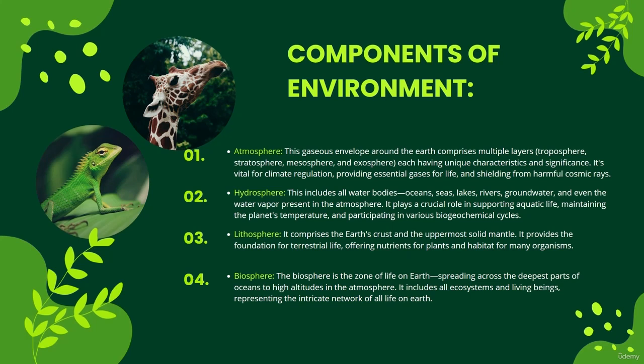The third component of environment is lithosphere. Now it comprises the earth crust and the uppermost solid mantle. It provides the foundation for terrestrial life, offering nutrients for plants and habitat for many organisms. So the lithosphere is the earth on which we are standing.